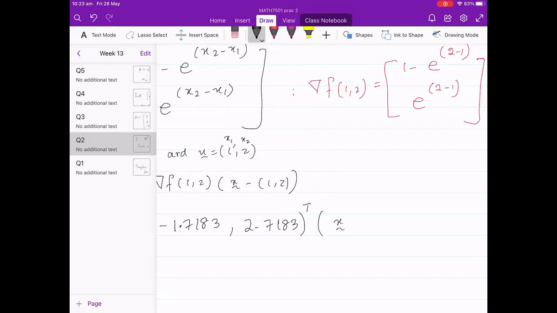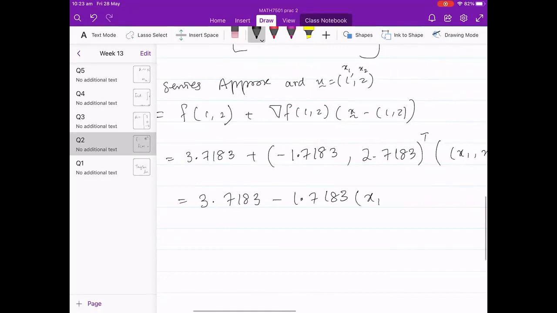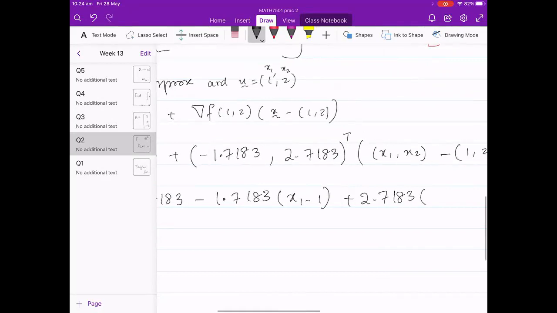And then you got x, which is (x1, x2) minus (1, 2), which is equal to 3.7183 minus 1.7183 times (x1 minus 1) plus 2.7183 times (x2 minus 2).